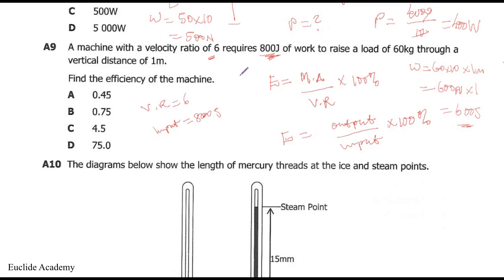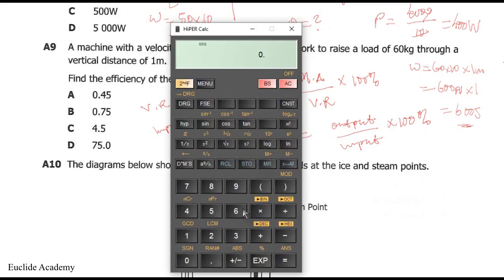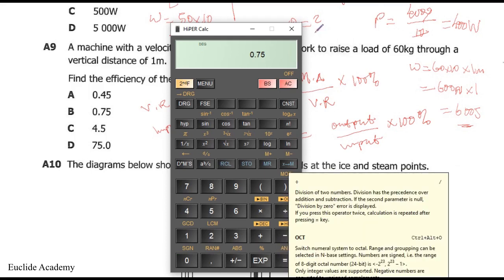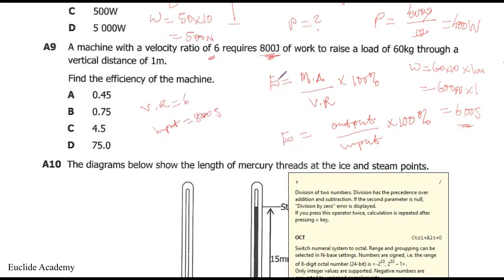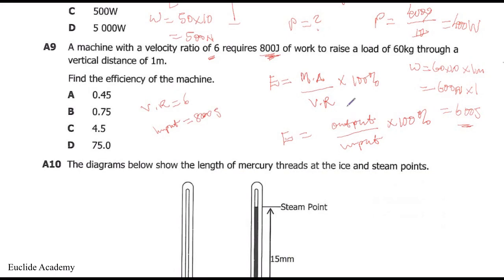So what is the efficiency? Let's see how we can use this. The efficiency would be: we divide the 600 by 800 on the calculator. Because we say ratio, the efficiency is a ratio, so we get 0.75 as the ratio.